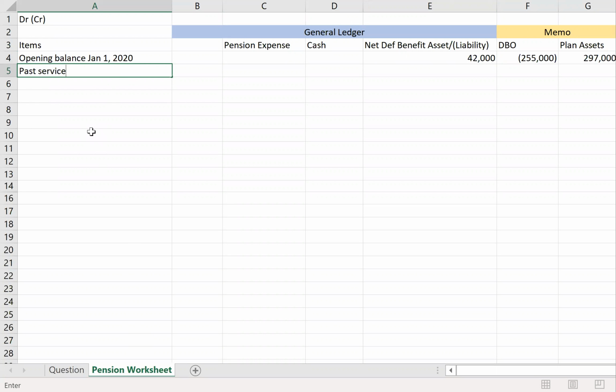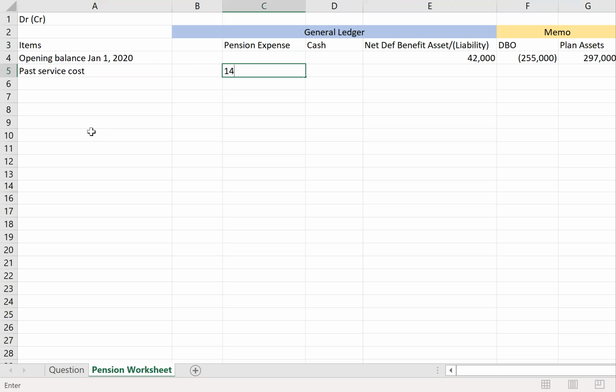And a past service cost means that the corporation looked back at some of their plan members or some of the employees that had been working and said, you know what, we really should have paid out an extra $140,400 towards the plan for these employees for whatever reason. It could be a contractual dispute, it could be a union dispute, it could just be the corporation's goodwill. Who knows? But for whatever reason, there's past service cost here of $140,400.